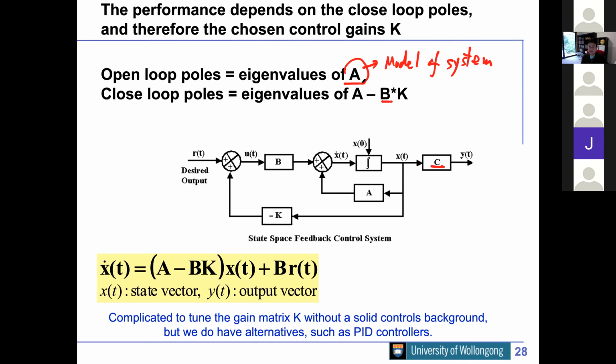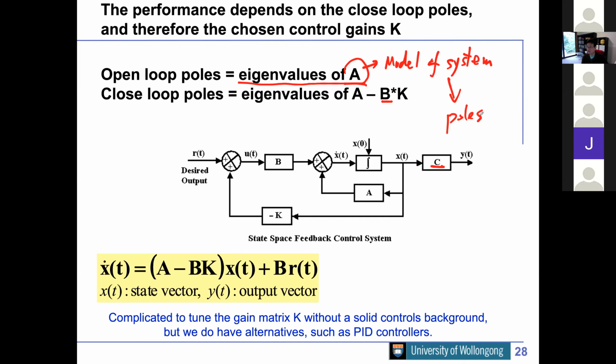And the performance of the system is completely dominated by the eigenvalues of A, which is the same thing as the poles of your transfer function. These are exactly the same thing if you mathematically derive them. So the open loop performance is determined by that.